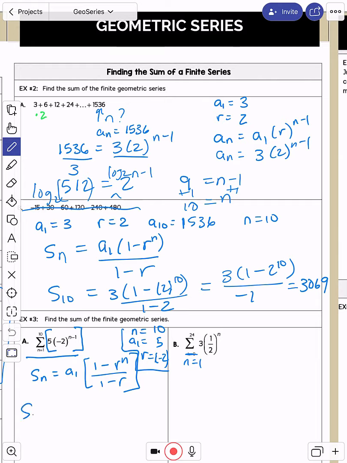So S10 is equal to 5 times 1 minus 2 raised to the n, which is 10, all over 1 minus 2. And that ends up, after you put it in your calculator, being minus 1705.